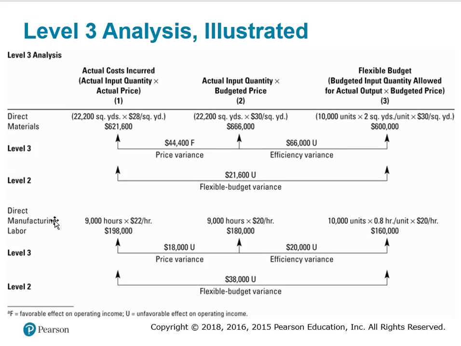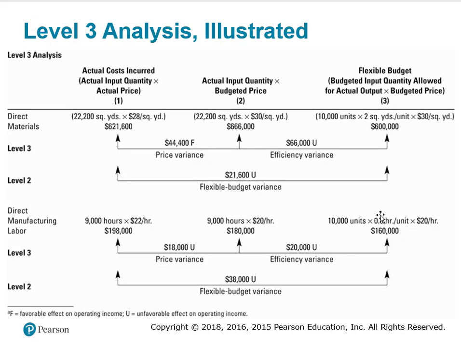Here's an example of direct manufacturing labor. We can see the efficiency wasn't there. They actually took 9,000 hours, and the budgeted amount would have been 8,000 hours.